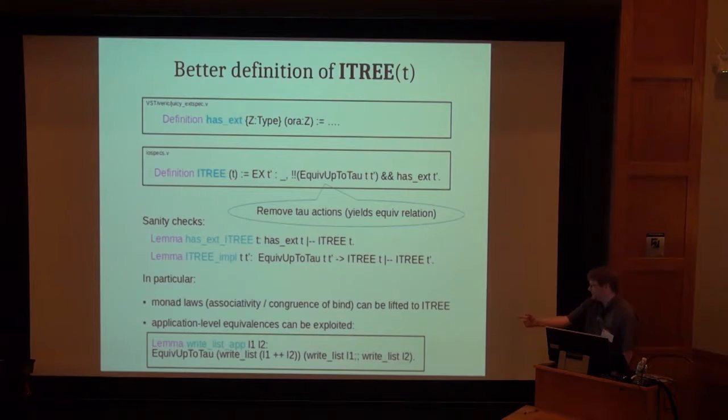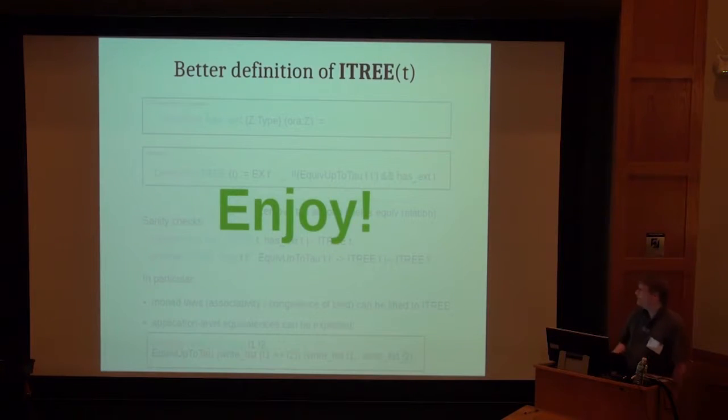So writing two lists in sequence is the same as writing the append of the two lists. And when we make this definition, now it'll only take you 10 minutes to work through all this.